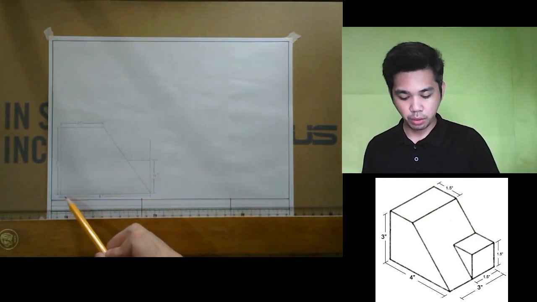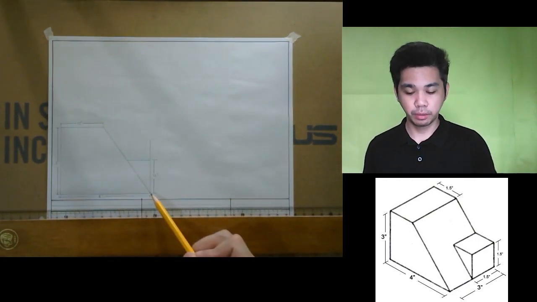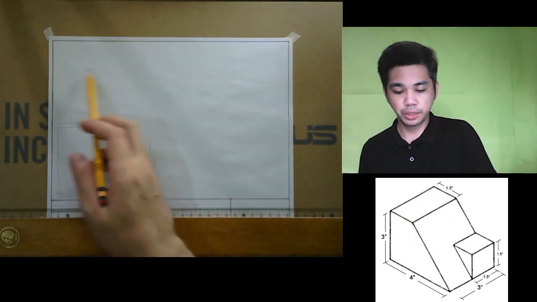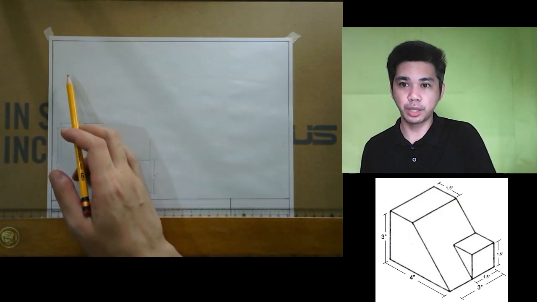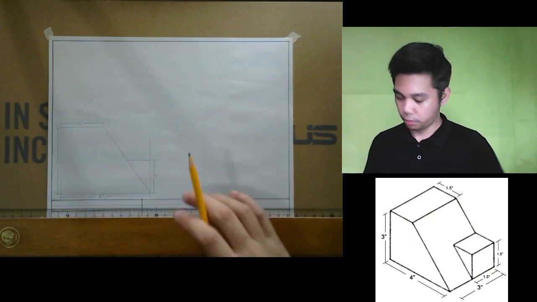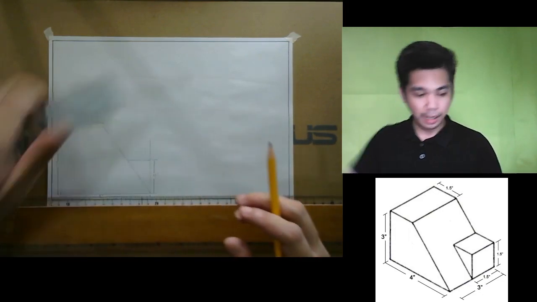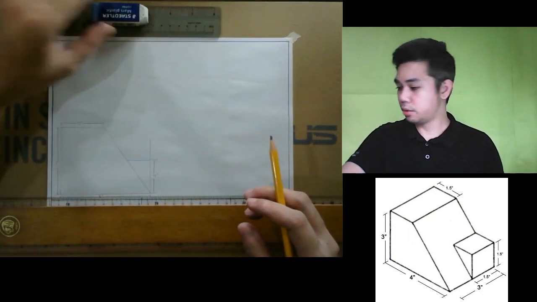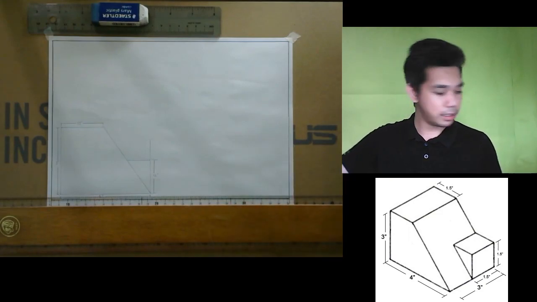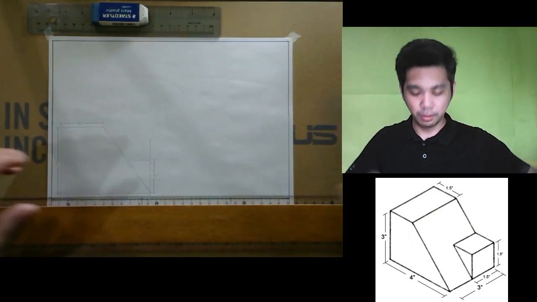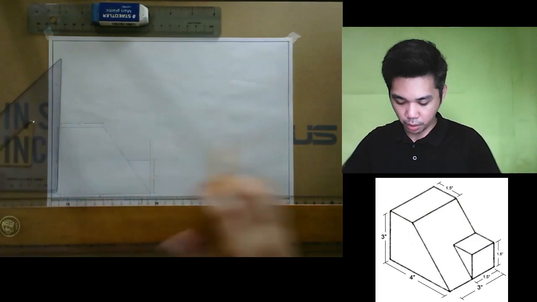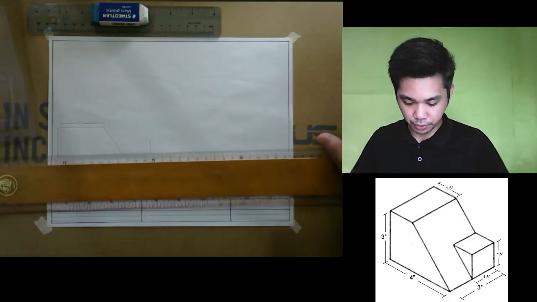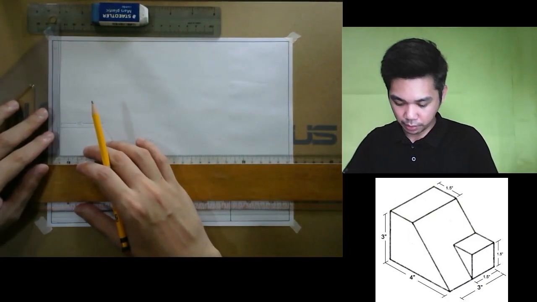Since we already know the width, you don't have to check or measure the width again. We may just project the vertical lines that we have created in the front view, and we will project them upwards like this.